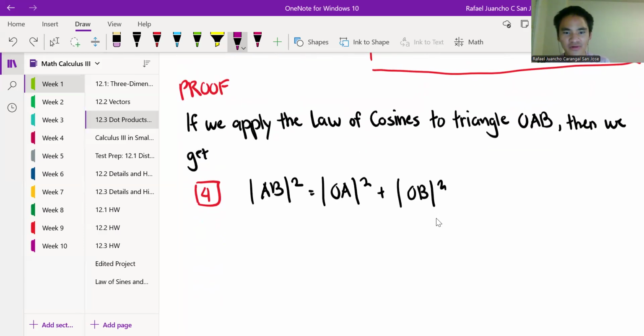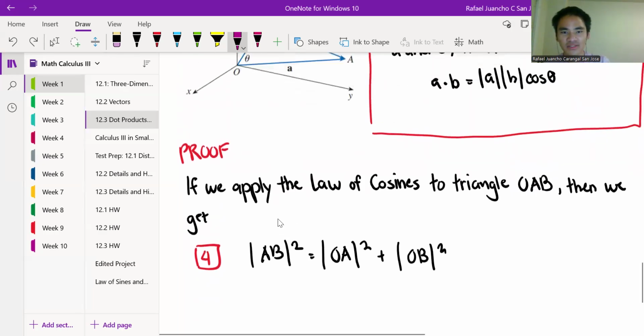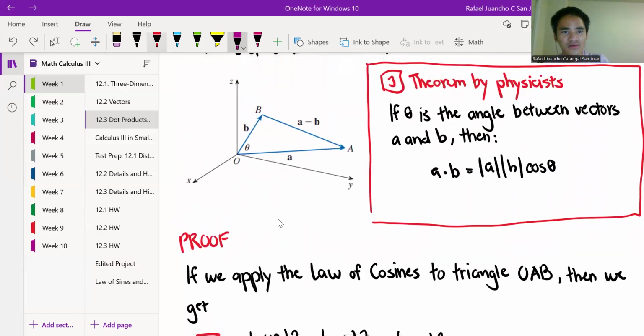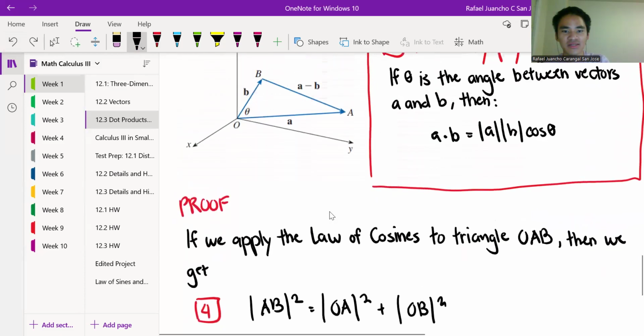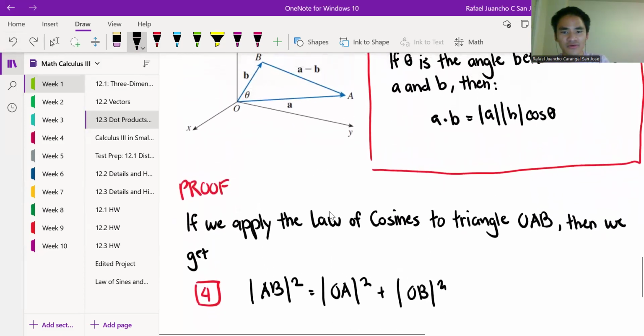So how do we prove it? Well, we have the magnitude AB squared, right? We square that, and that's basically equal to OA plus OB squared, right?